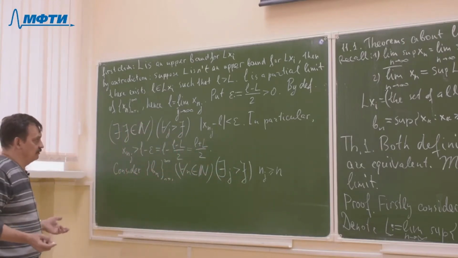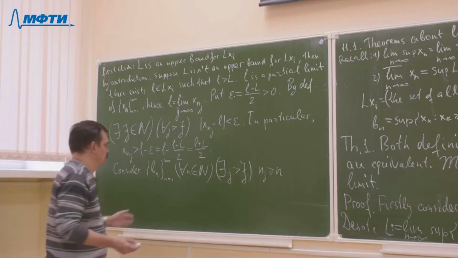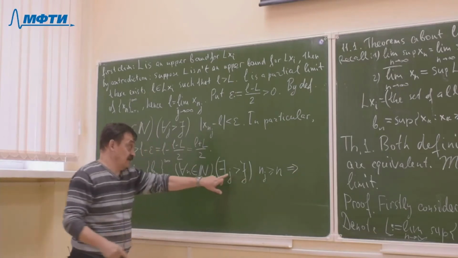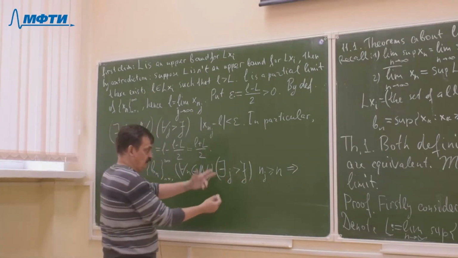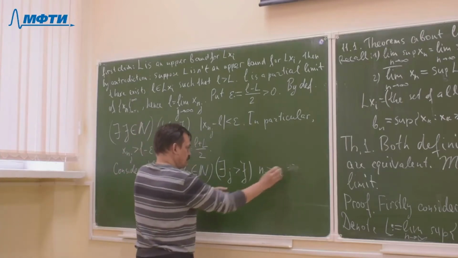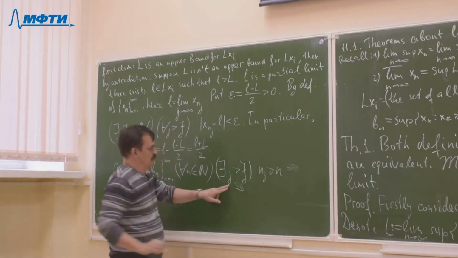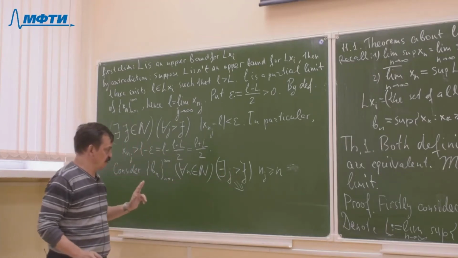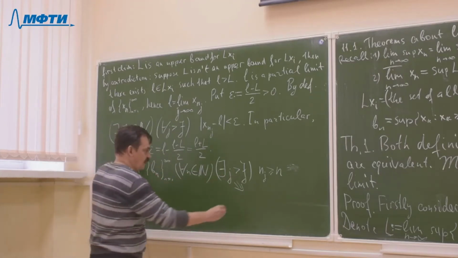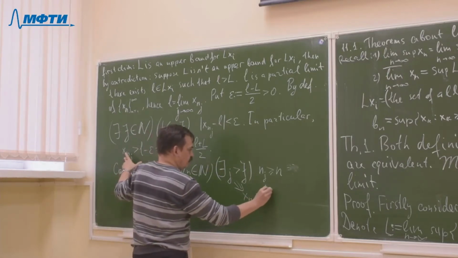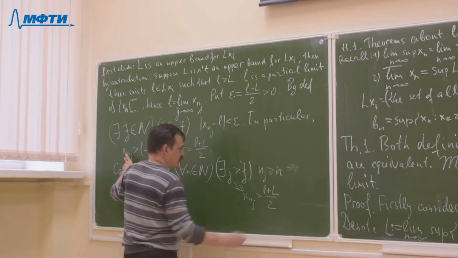But then what does it mean? If j is greater than capital J, so maybe, okay, I will indicate it just here. So from this inequality, that j is greater than capital J, we have x_{n_j} is greater than (l plus L) over 2, right?